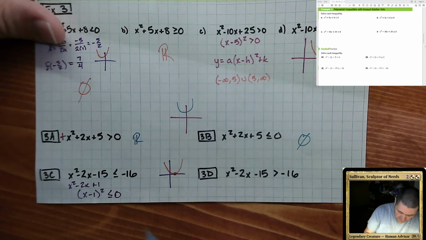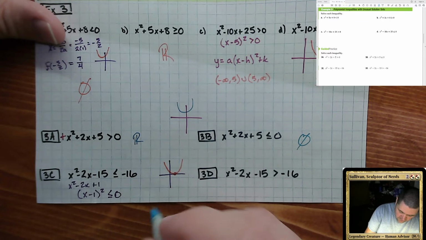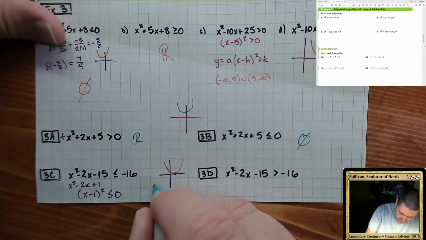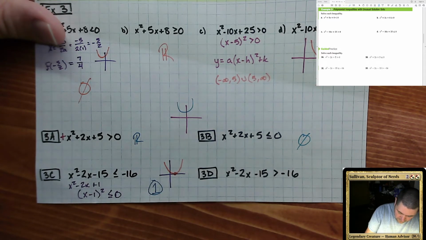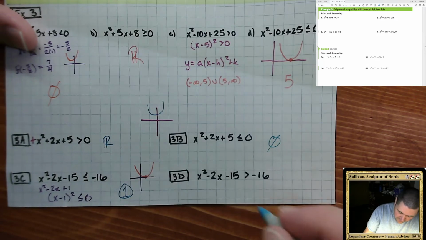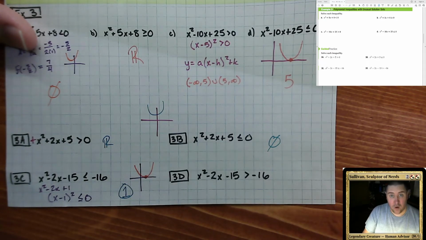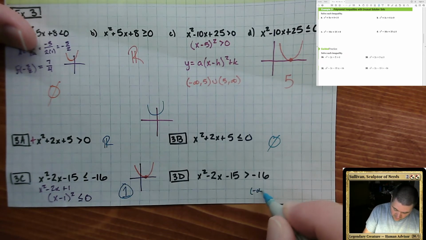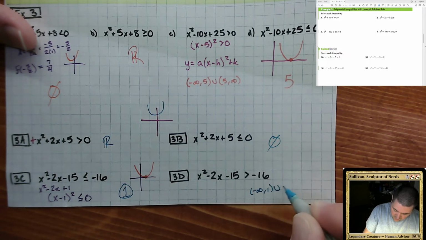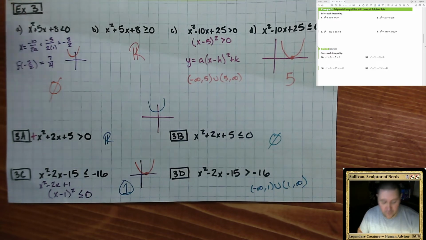So where is that less than or equal to 0? It's equal to 0 at exactly 1. Where is it greater than 0? Well, everywhere except 1. Negative infinity to 1, can't touch us, and 1 to infinity. There you go.